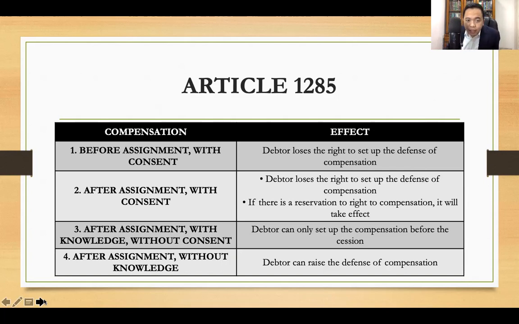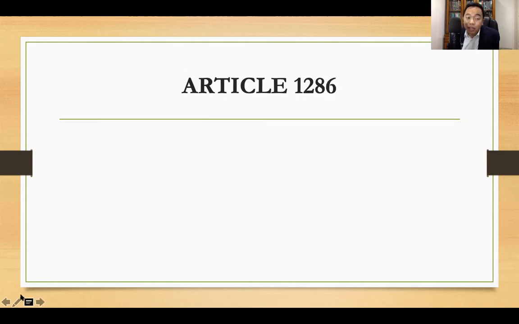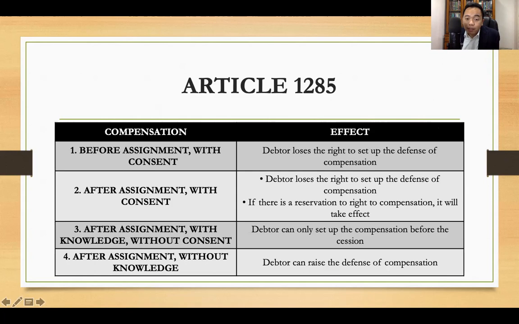Compensation after assignment with consent, the debtor loses the right to set up the defense of compensation. If there is a reservation to the right of compensation, it will take effect. Compensation after assignment with knowledge but without consent, the debtor can only set up compensation before the cession. And after assignment without knowledge, the debtor can raise the defense of compensation. Memorize this graph. Okay, memorize. Please memorize.